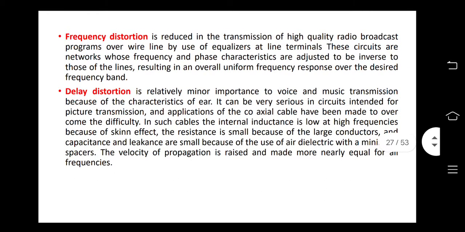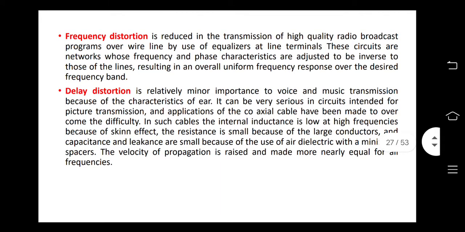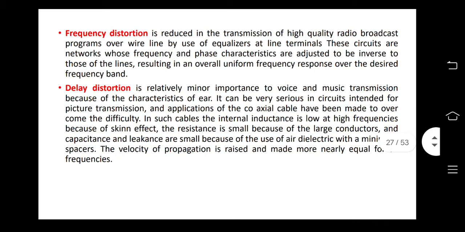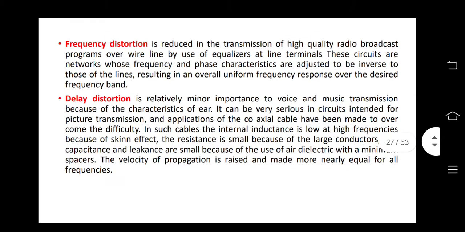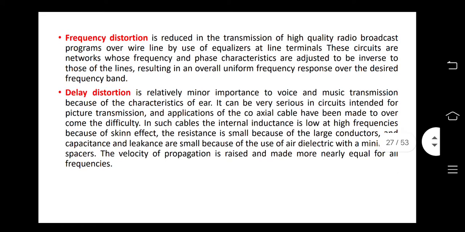Frequency distortion is reduced in the transmission of high quality radio broadcast programs over wireline by use of equalizers at line terminals. These circuits are networks whose frequency and phase characteristics are adjusted to be inverse to those of the lines, resulting in an overall uniform frequency response over the desired frequency band.